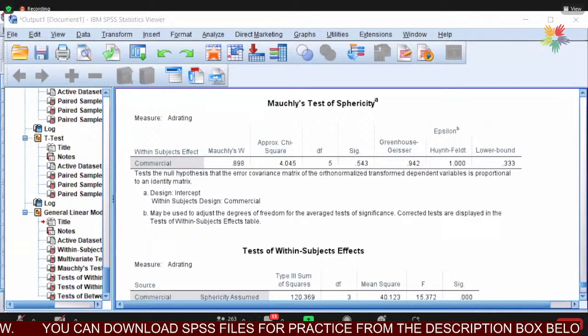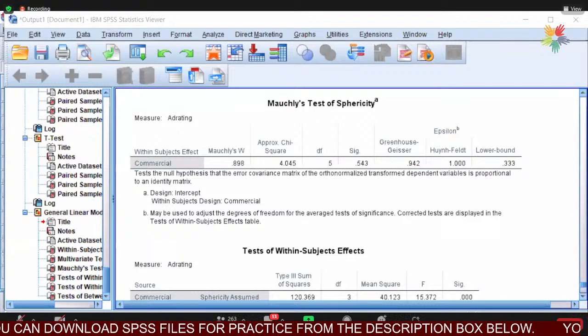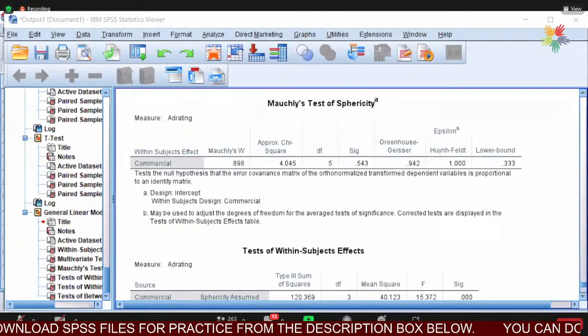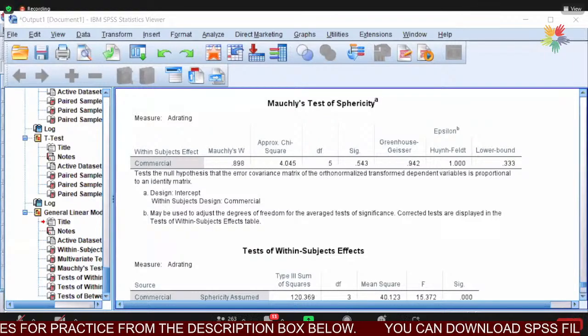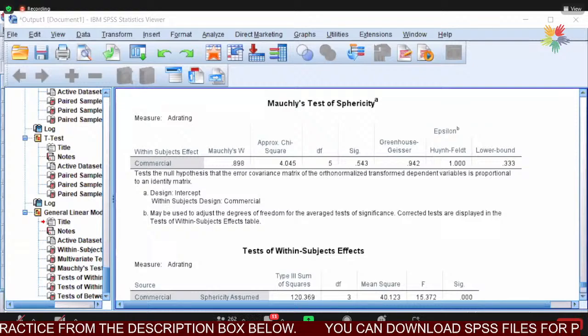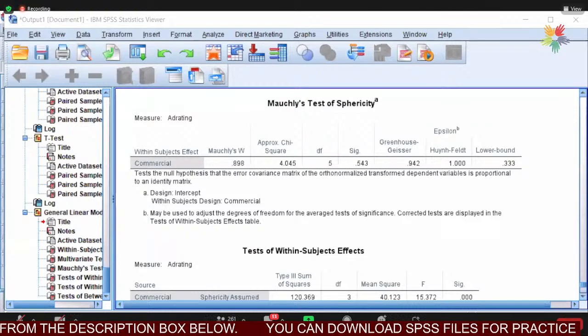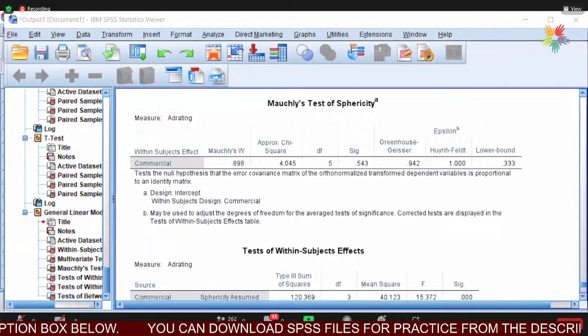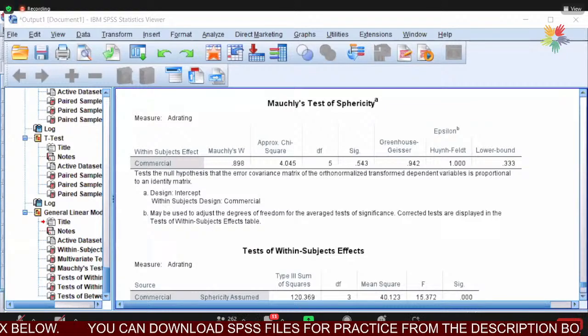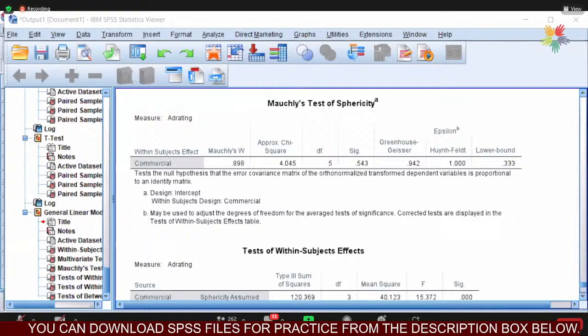It is like a homogeneity test, so the distribution is similar. The mean value might be different, but when you plot the distribution, when one distribution looks like this, another also looks like that. So the variances are equal.